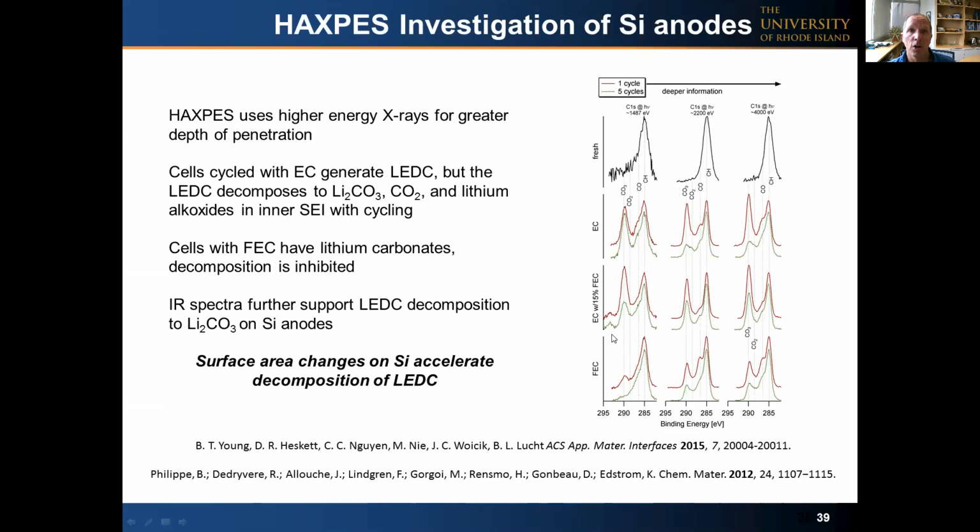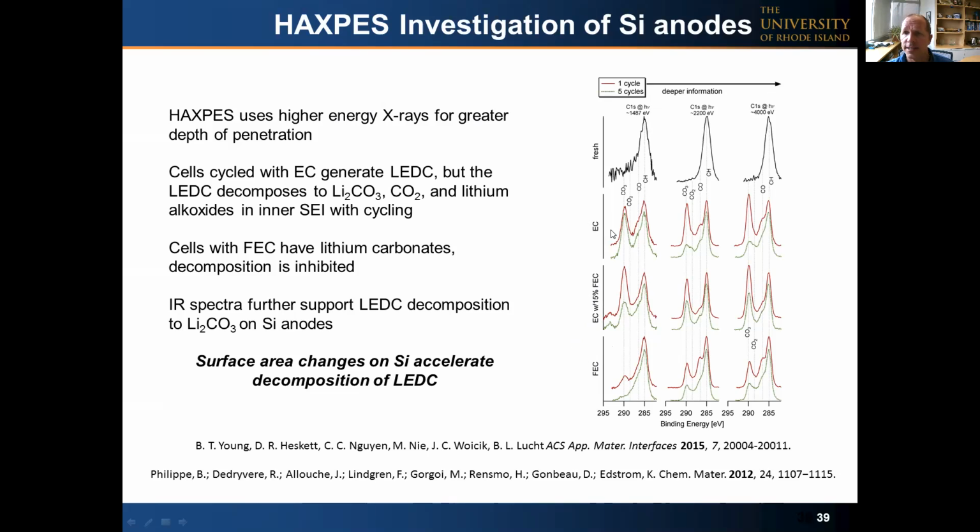So if we go back and look at the silicon surfaces, once again utilizing HAXPS, which is high energy X-ray photoelectron spectroscopy, which allows us to depth profile basically, so we can look at deeper information. And we look at the cells cycled with an EC-based electrolyte, or the pure FEC-based electrolyte, or EC with 15% FEC as an additive.